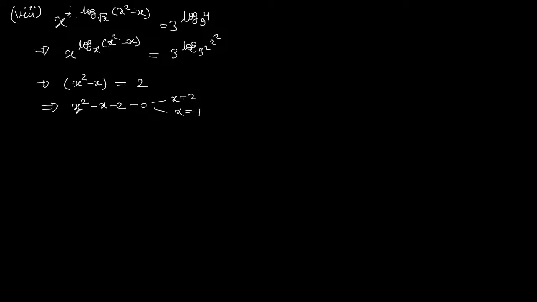On solving, how to solve? X equal to minus b plus minus root under b square minus 4ac upon 2a. This is b, this is a, this is c.